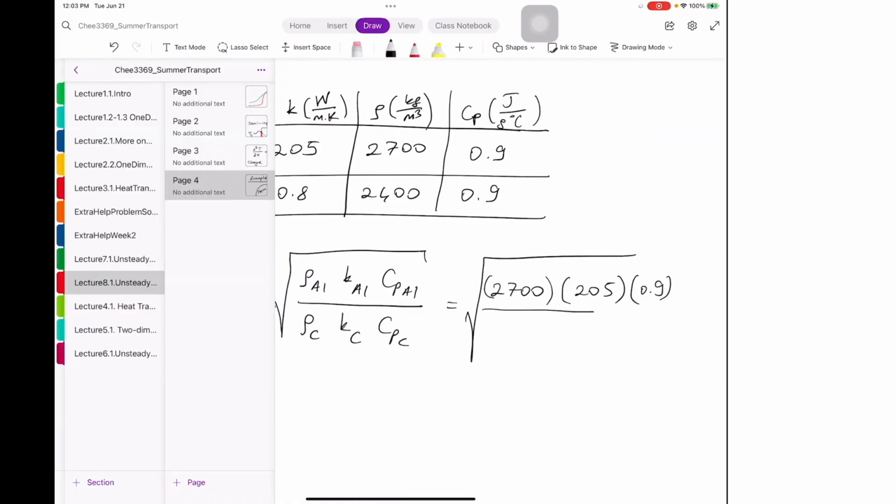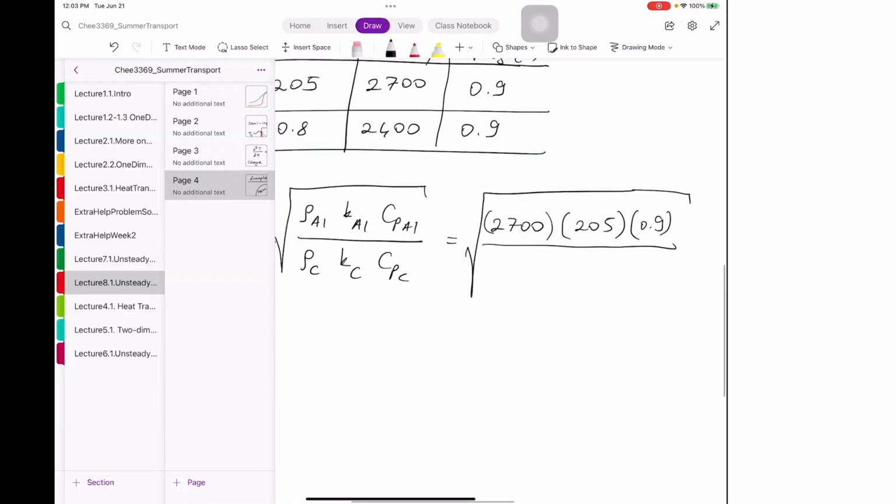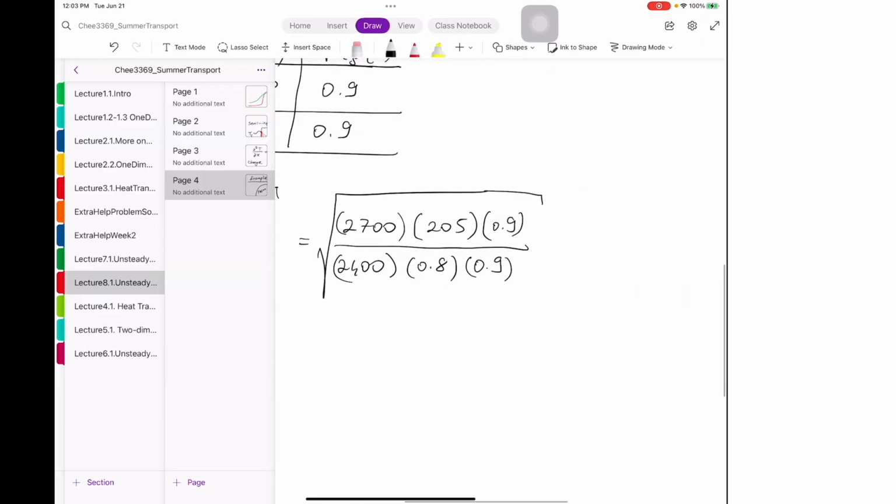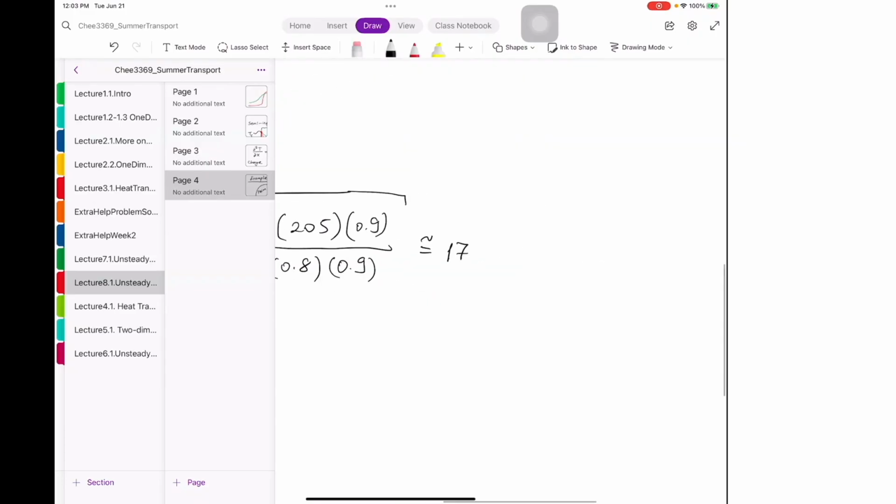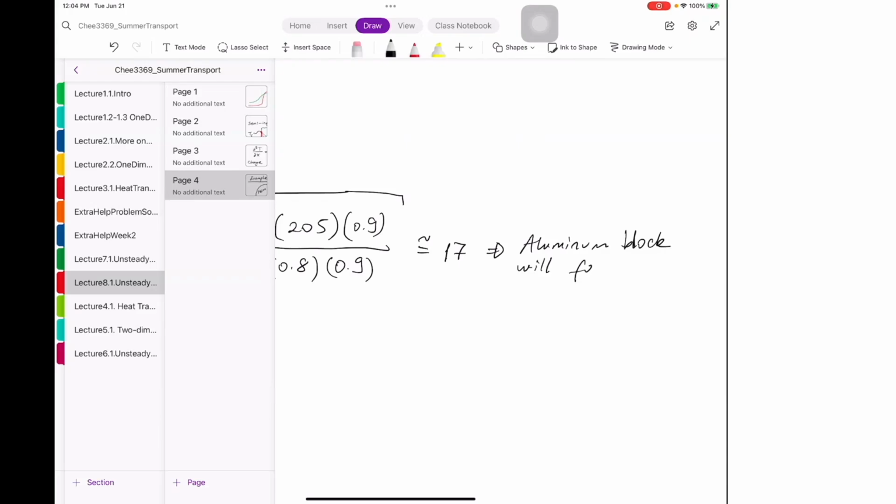That's why we're going to get a value larger than 1, which is approximately equal to 17, which means that the aluminum block will feel colder.